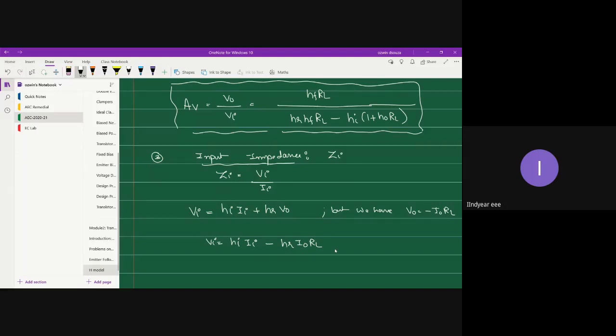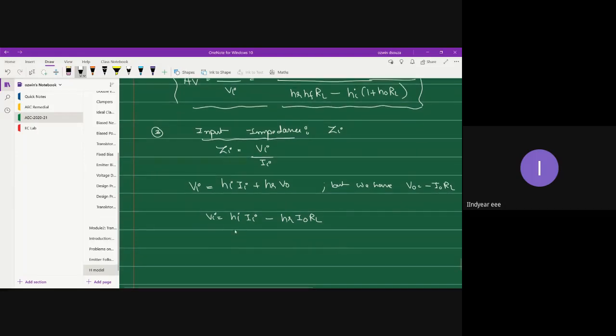And you also have AI as I naught by Ii. That implies I naught is equal to AI times Ii. What is AI? AI is HF divided by 1 plus H naught into RL, which we have done in the previous step.